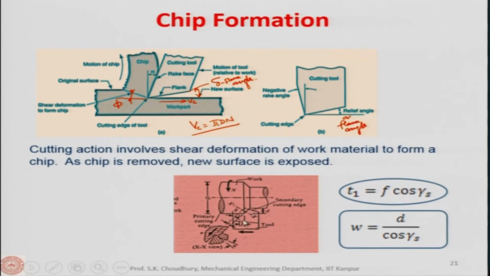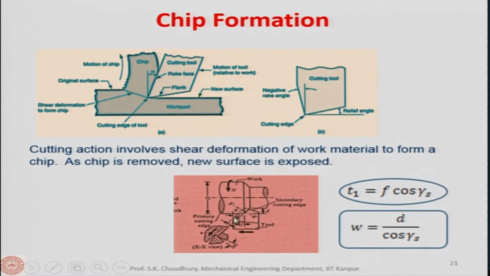This distance, perpendicular to the line, is called T1, which is uncut thickness. Uncut thickness is given by the feed into cos of gamma s, and the width of cut is given by the depth of cut divided by cos of gamma s.